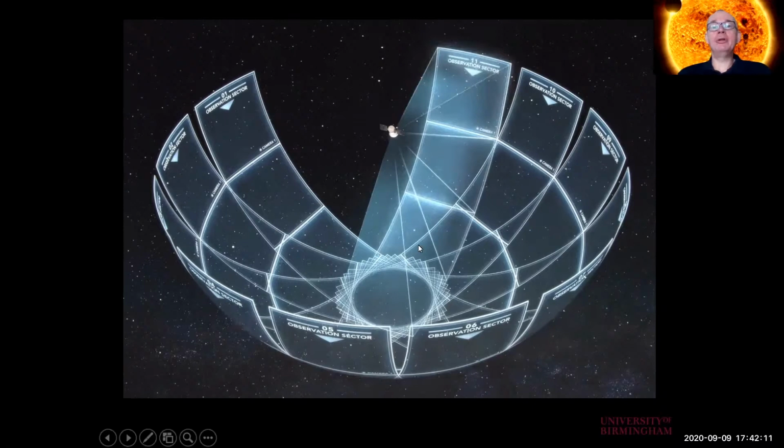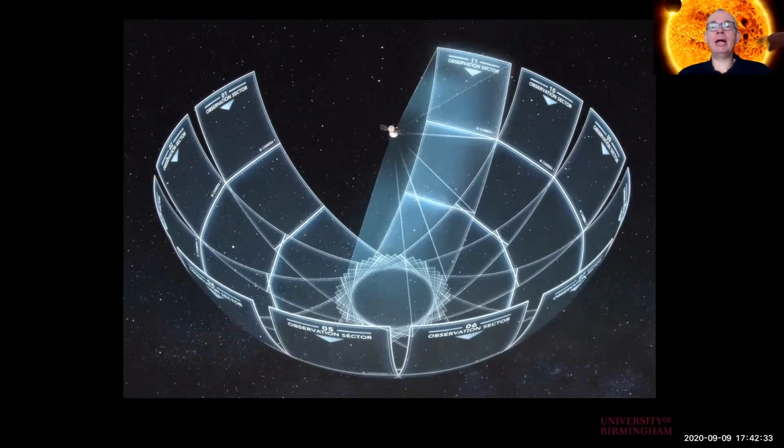And what happens is that the satellite will stare at that fixed field of view for about a month. So you're observing continuously the brightness of any objects that fall within these fields of view of the cameras for about a month. Then the satellite rotates round and observes the next strip of sky.